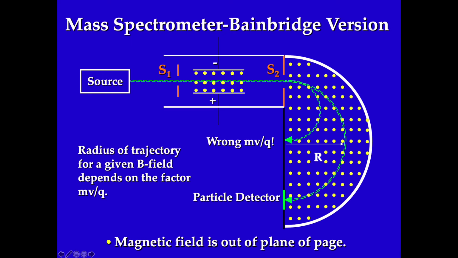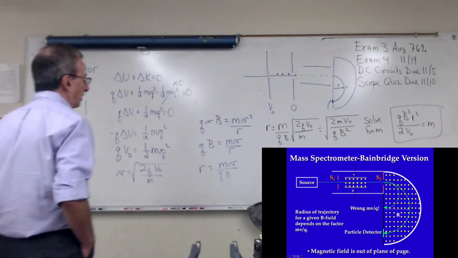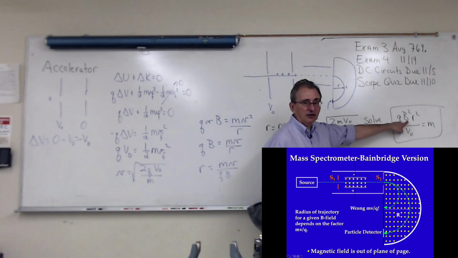So to measure the mass, you have to place the detector at the right location. Of course, it's very difficult to move the detector, so you can change the range of the particle by changing the magnetic field. That's what you do. You change B. You don't change the location of the detector to get the particle.